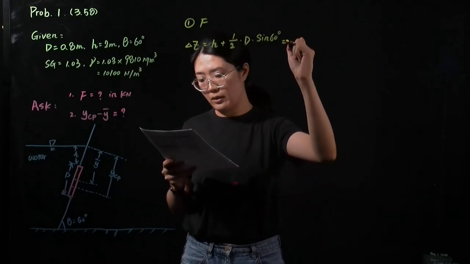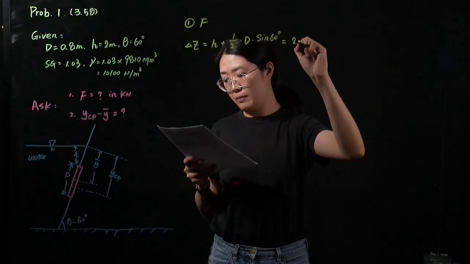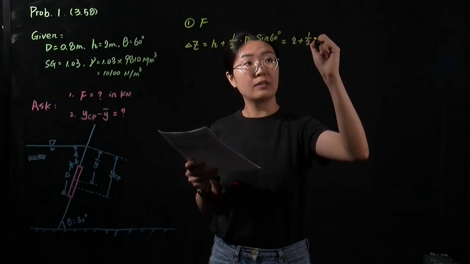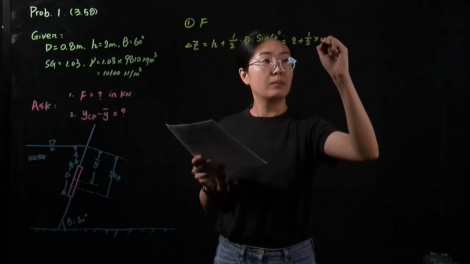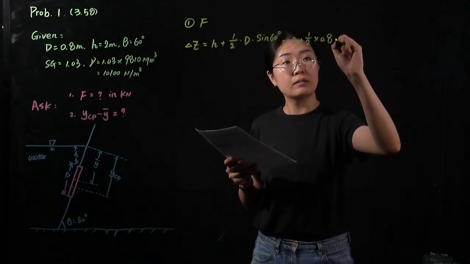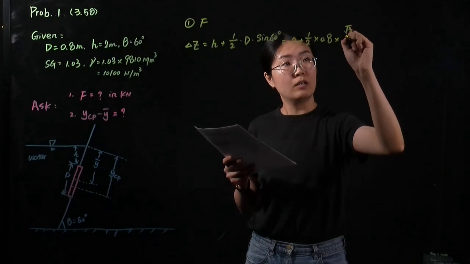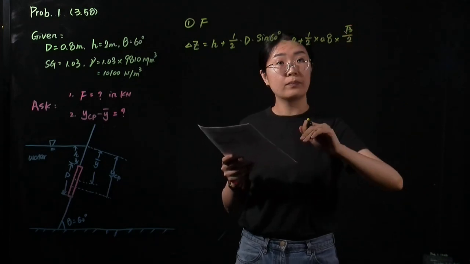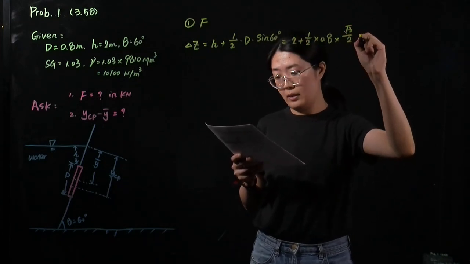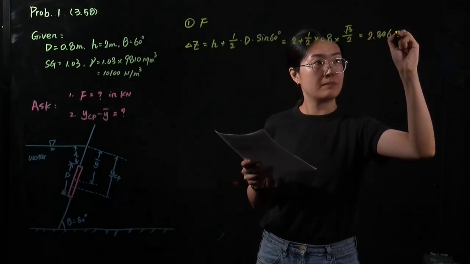So it should equal h, which is 2 meters, plus 0.5 times 0.8 times square root of 3 over 2. It equals 2.346 meters.